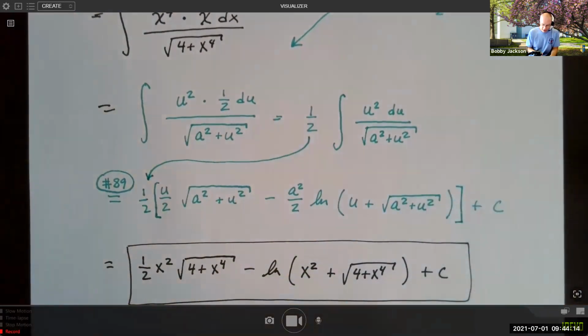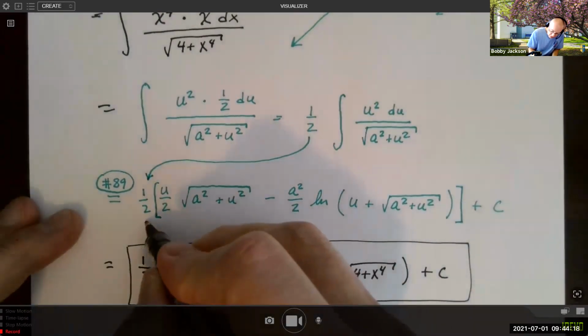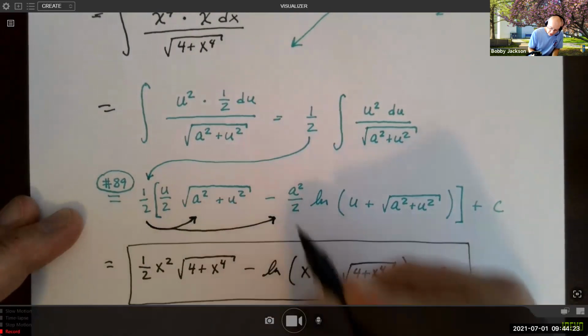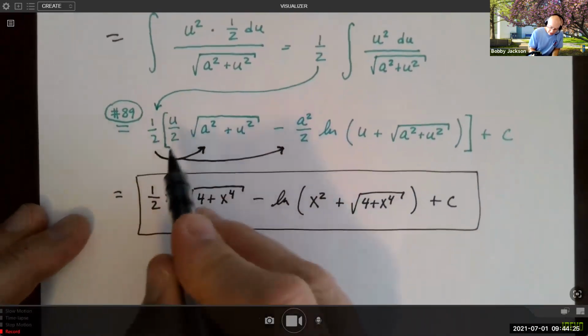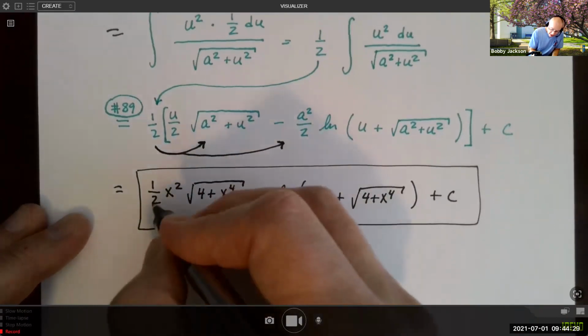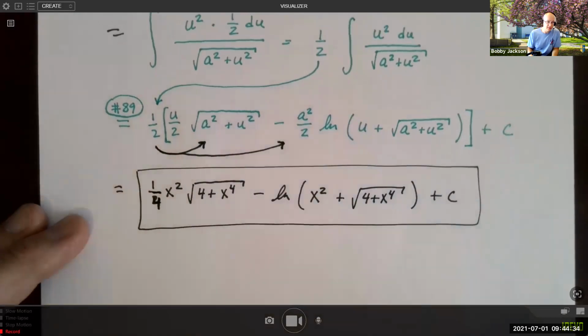Okay, so I do need to distribute that 1/2 through, which is going to change what I have down here. Sorry about that. So 1/2 u squared over 2 is 1/2 x squared. So times 1/2 is actually going to be 1/4 x squared. Sorry about that.